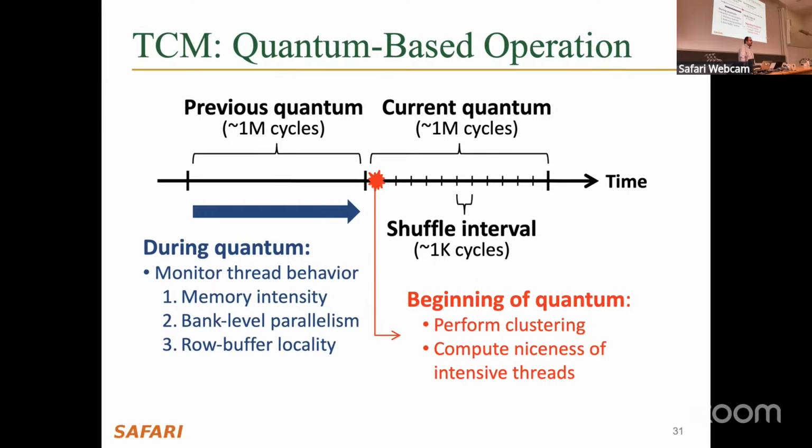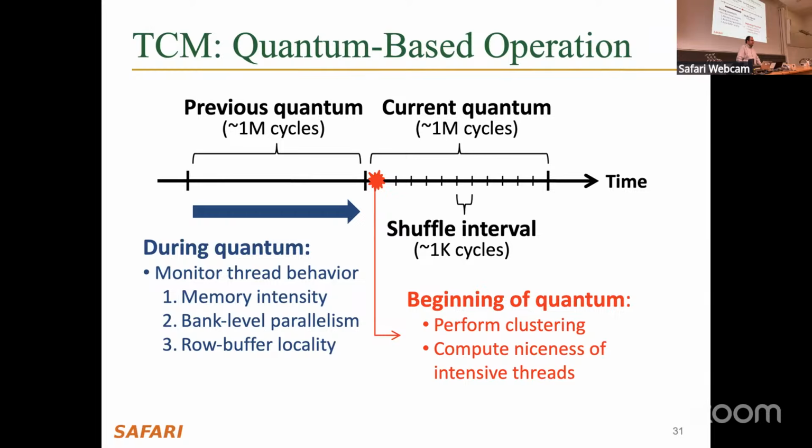That may not happen, assuming the intensity of these application threads does not change. We use only 10%, like that alpha that I discussed, we only categorize 10% of the bandwidth usage as memory non-intensive. So these threads are not supposed to use the bandwidth a lot.